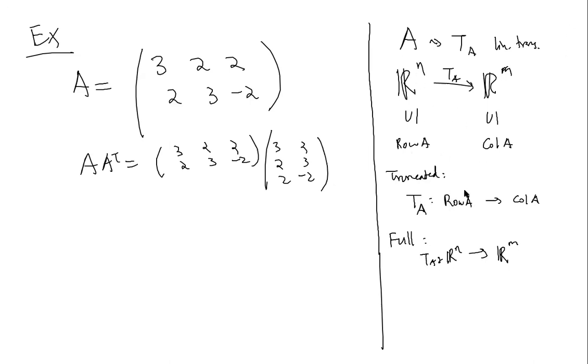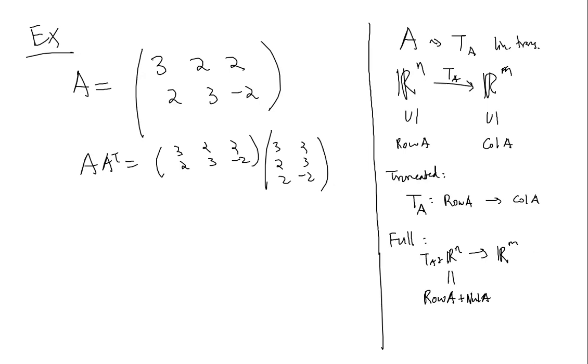What's left from R^n? R^n splits up into the row space of A plus its orthogonal complement. The things outside of row A are its orthogonal complement, null A.